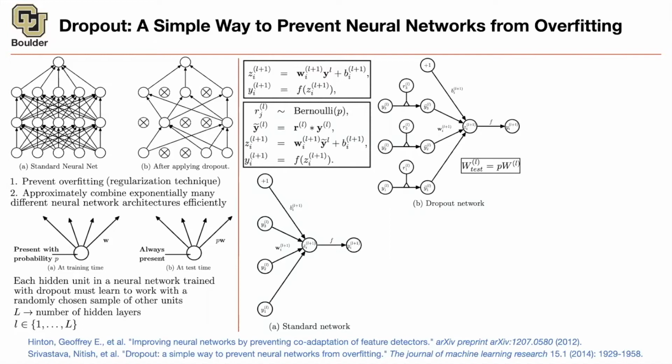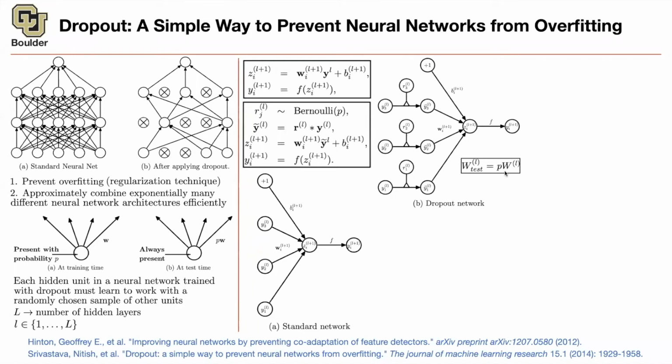The question is, how do you average multiple neural networks out? You do it in expectation. And the way it happens is that P% of the times some of the weights are present, and 1 minus P% of the time it's not present.